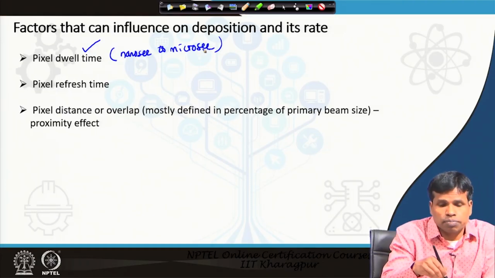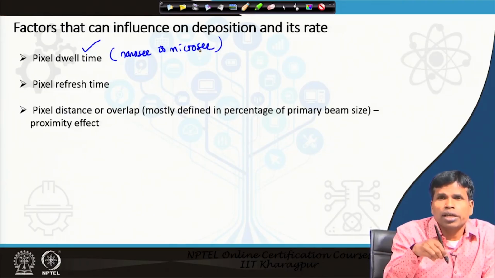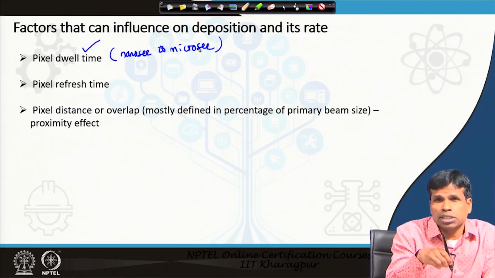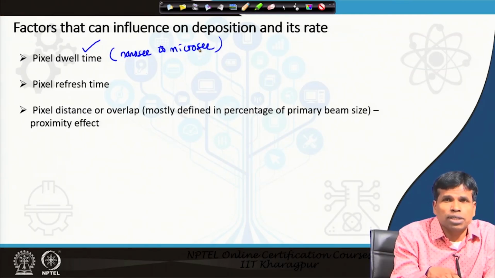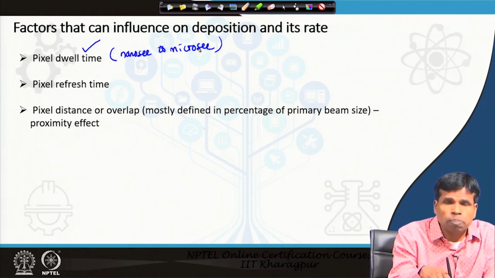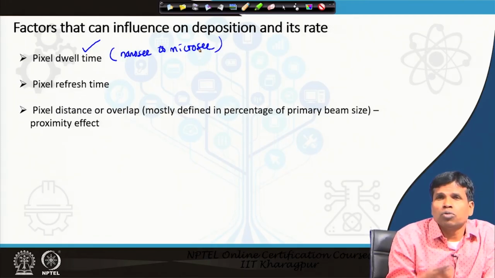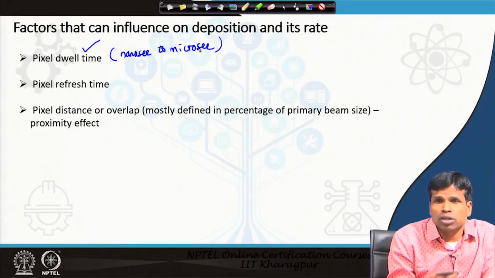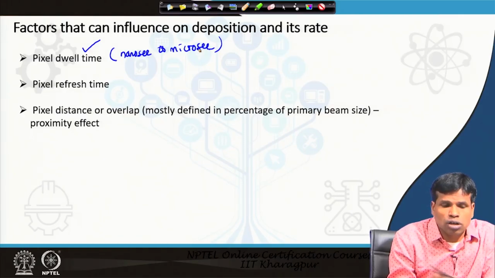If it stays longer, the deposition rate will decrease, because after a certain time, rather than depositing, it will do etching, removing or sputtering away the specimen. So the deposition rate decreases when the dwell time is more.